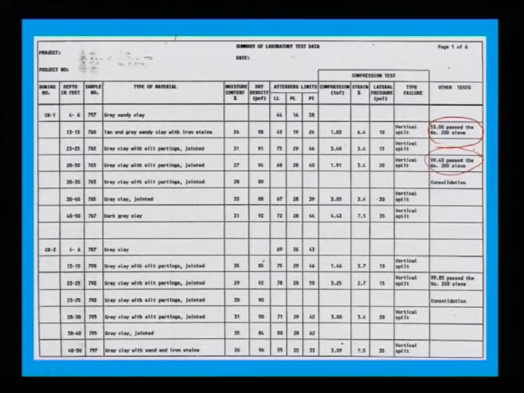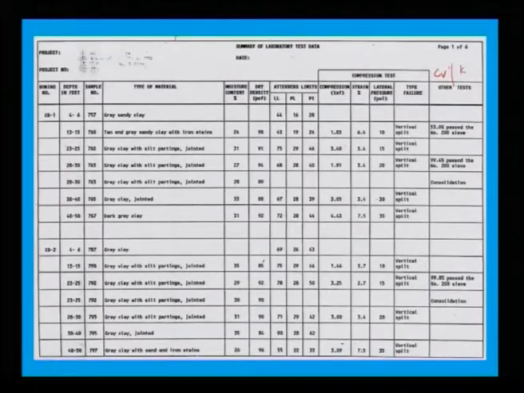Then also consolidation data; if you do it, you provide consolidation data, Cv, the coefficient of consolidation. Then provide the coefficient of permeability, how much permeability. This summary form is called a data sheet. These are called data sheets.